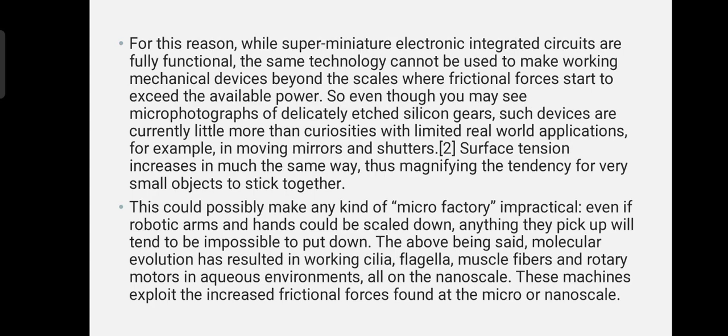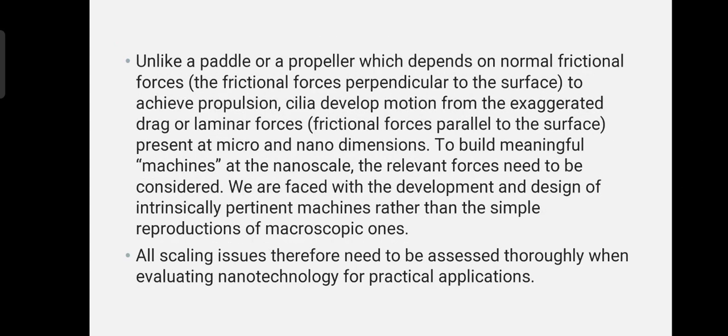These machines exploit the increased frictional forces found at the micro or nanoscale. Unlike a paddle or a propeller, which depends on normal frictional forces, the frictional forces perpendicular to the surface, to achieve propulsion, cilia develop motion from the accelerated drag or laminar forces, the frictional forces parallel to the surface present at micro and nano dimensions.